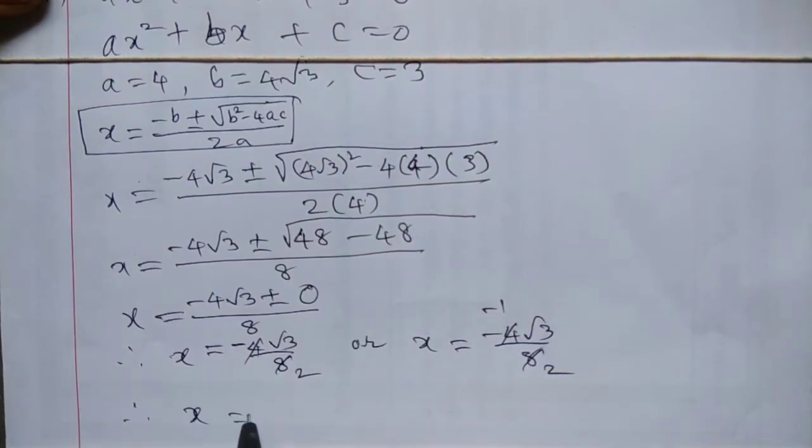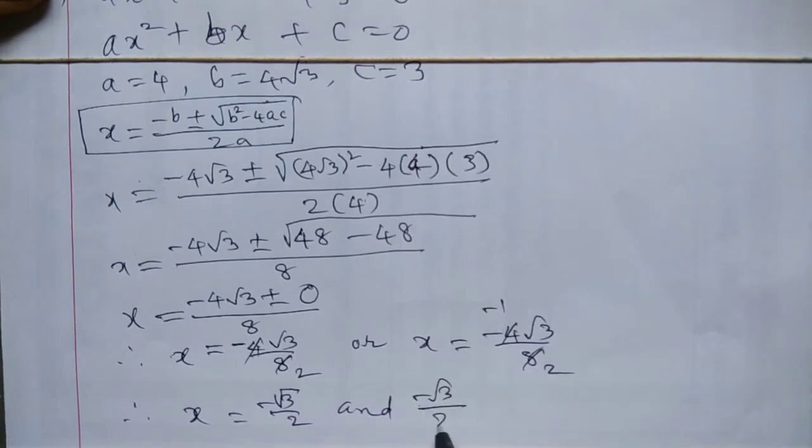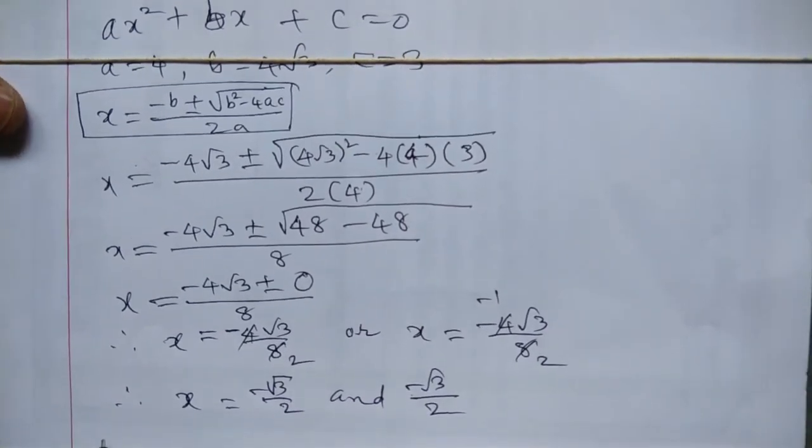Therefore, x is equal to minus root 3 by 2 and minus root 3 by 2. These are the roots.